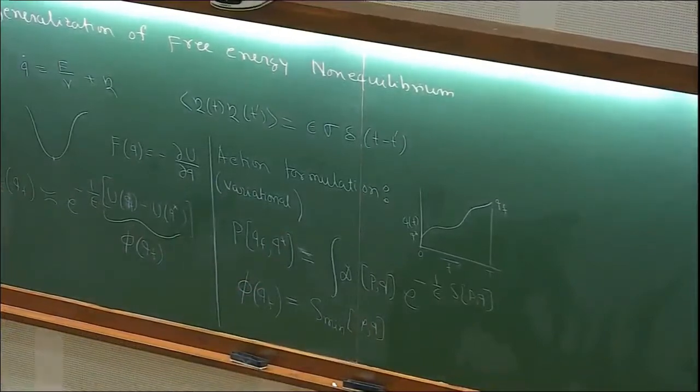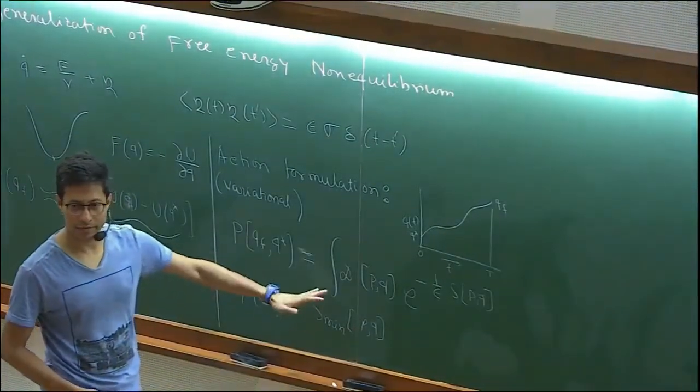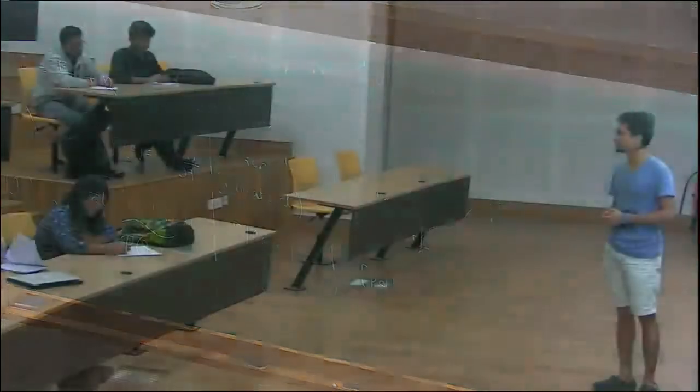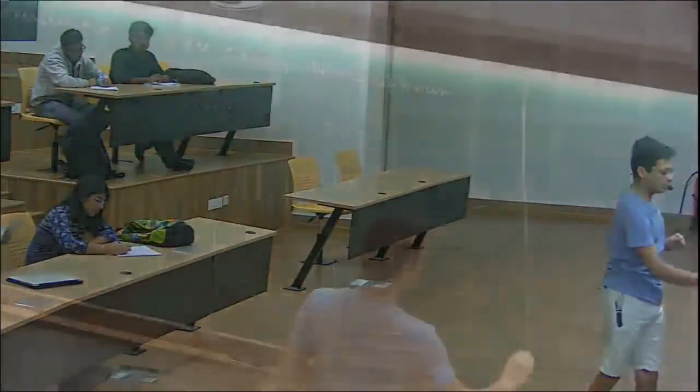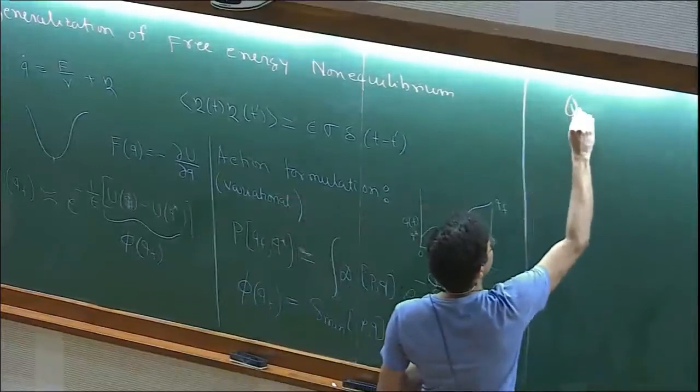So the calculation of this large deviation function, which is a stochastic problem, reduces to solving this variational problem where I just have to minimize the action, and that's to find the least action paths.